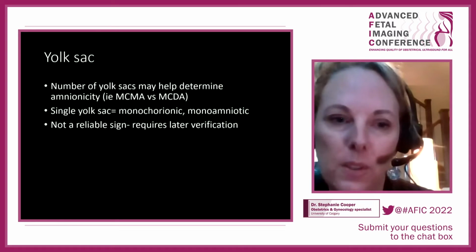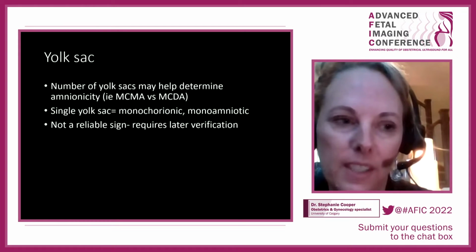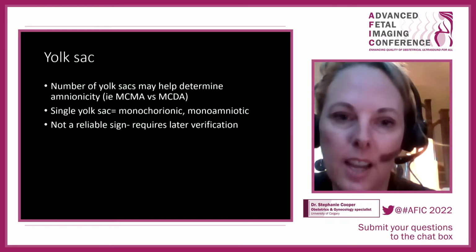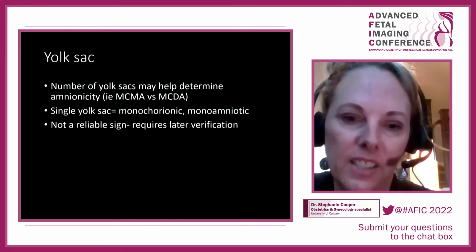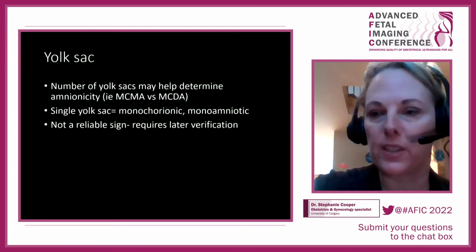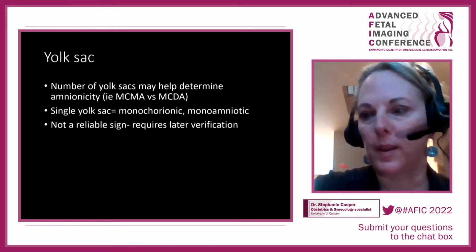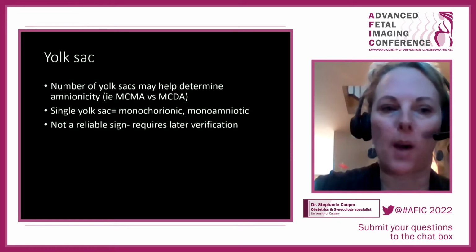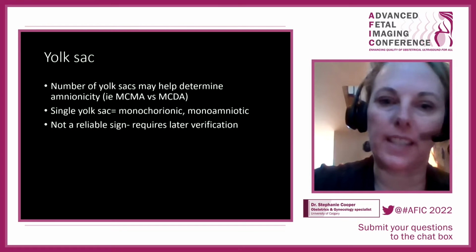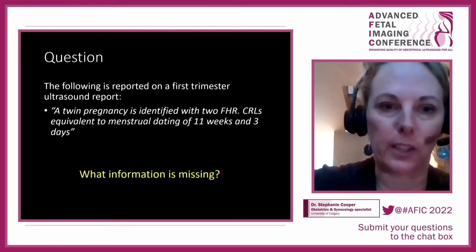It can be used early on to help decide between monochorionic monoamniotic and diamniotic, but it's not a very reliable sign and it's often missed. It requires later verification. So especially under 10, 11 weeks, it's better to just say monochorionic and not to say the amnions, because that should be determined a little bit later.